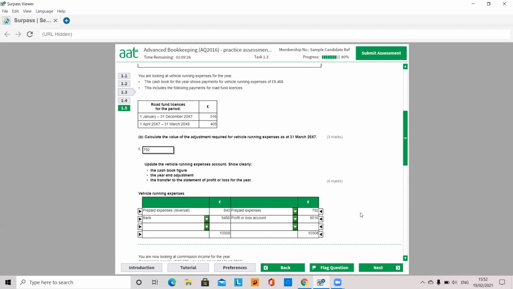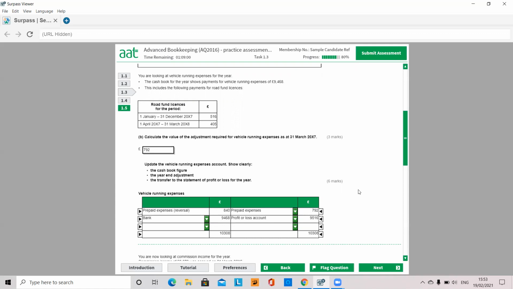I should point out, as I said before, that for this particular question, this is March 2007 now. So you've got the expense, so you've taken it off the prepayment. You've credited the expense for 792, and then you would have debited the prepayments for 792. That would have gone into your statement of financial position as a current asset because you've prepaid it. Now that's the important thing, because this is where students tend to go wrong.